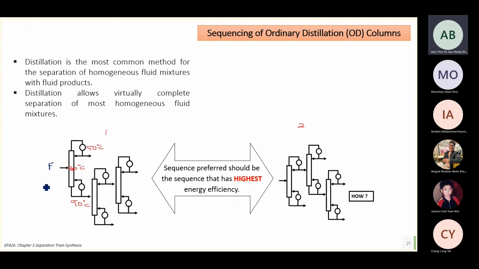Let's say your feed has, for example, A, B, C, D. So this sequence removes A, then B, C, D, then B, C. Whereas this sequence removes D, then A, B, C, then here A, B, C, B, C. So you see here different sequences.